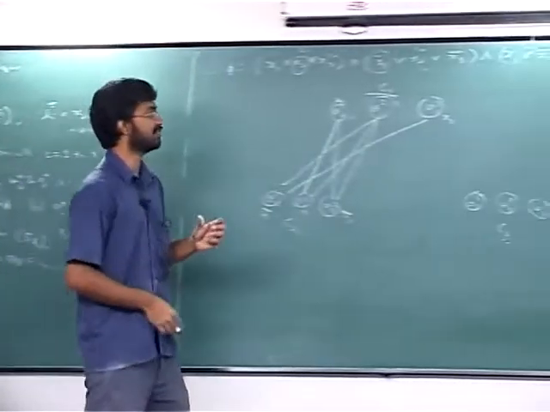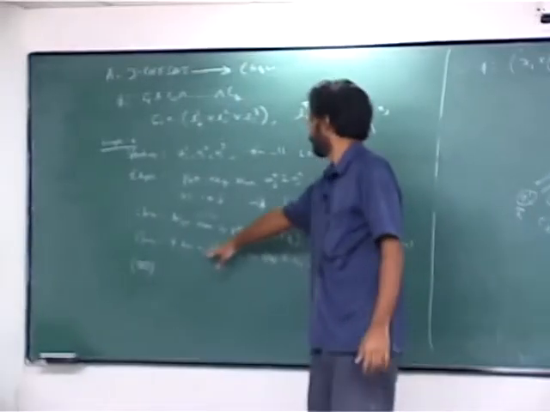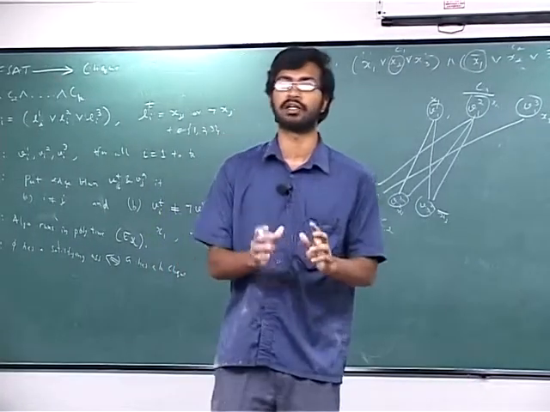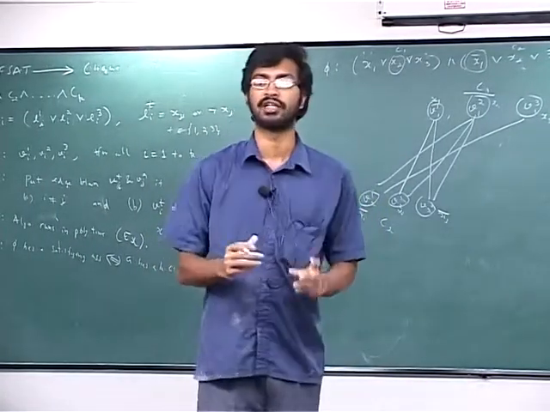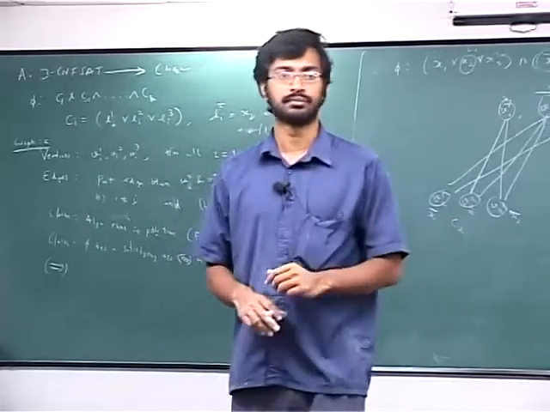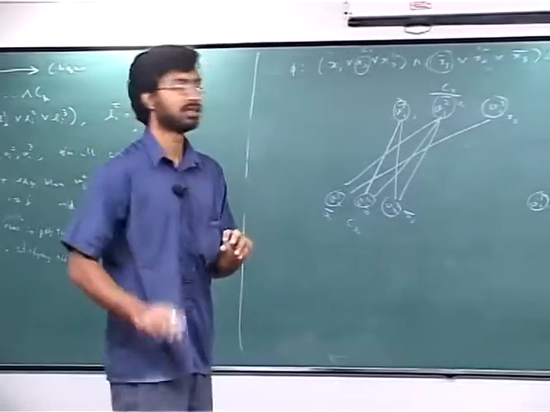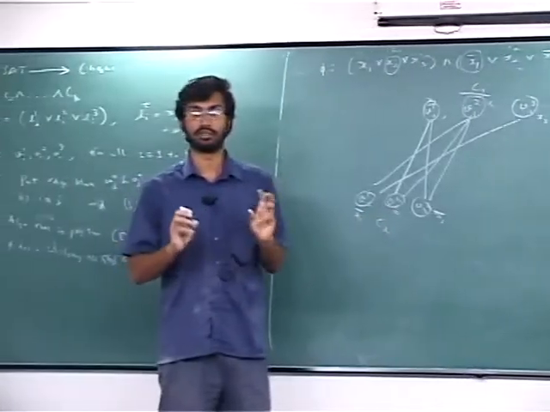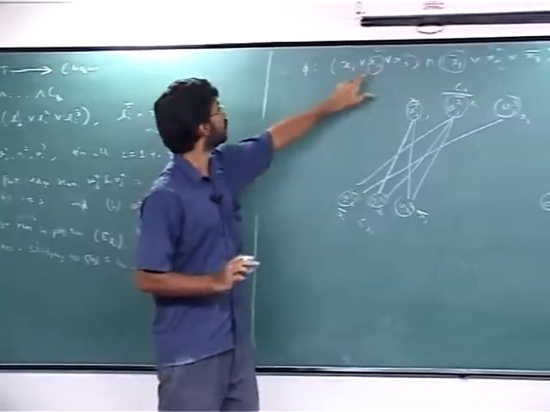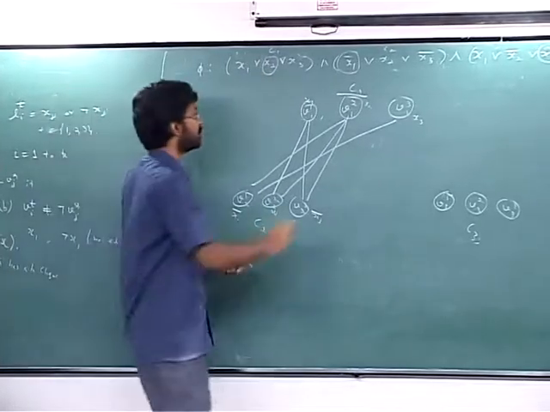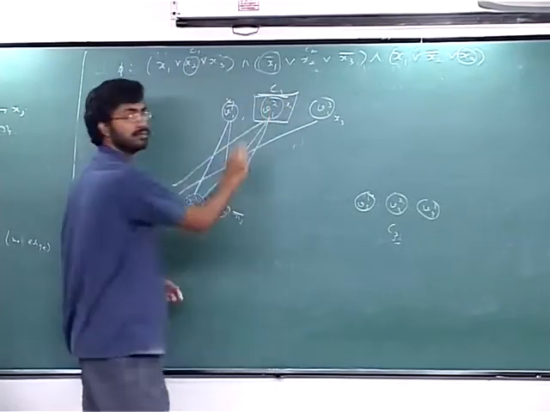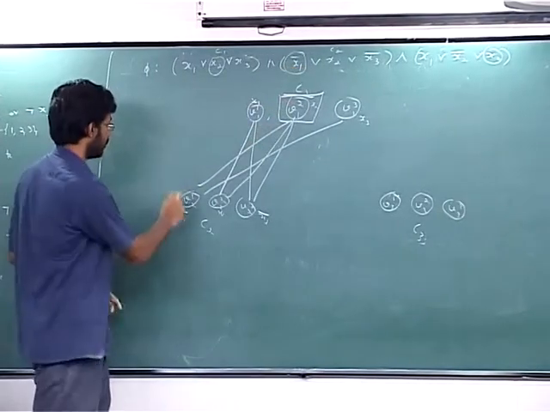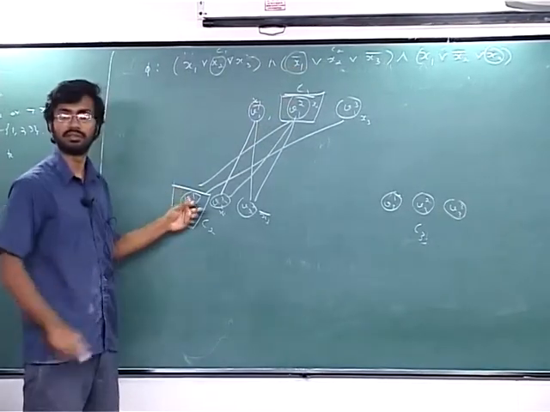Now pick the vertices. So we know that phi has a satisfying assignment. That means there is an assignment to the literals such that from each clause there is a literal which is assigned 1. Now pick the vertices which correspond to those literals. So we have put x2 as 1, so it means we pick this vertex here. We have put x1 bar as 1, so it means we have picked this.